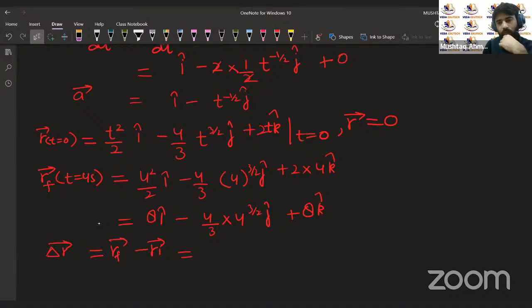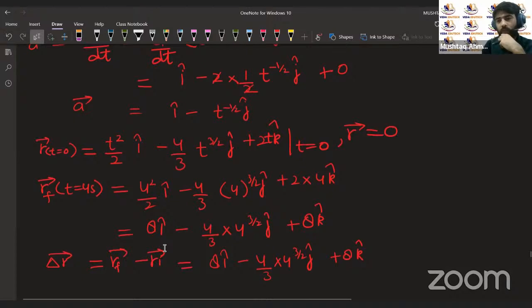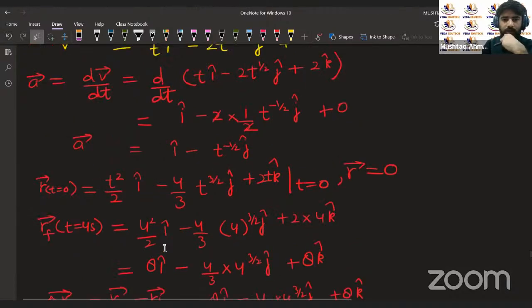That will be equal to, since the initial position vector is a null vector, 8 i cap minus 4 over 3 into 4 to the power 3 by 2 j cap plus 8 k cap, right? And we can also find the magnitude of this displacement by just taking the under root of x component square, y component square, and the z component square, right?